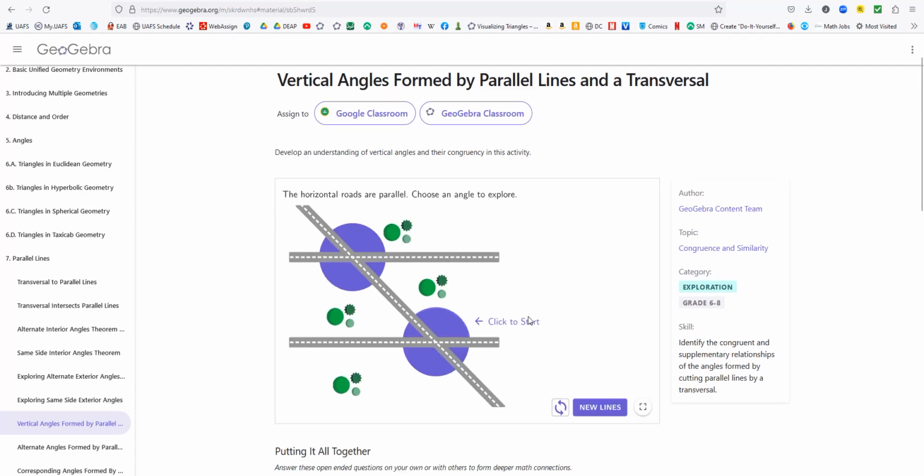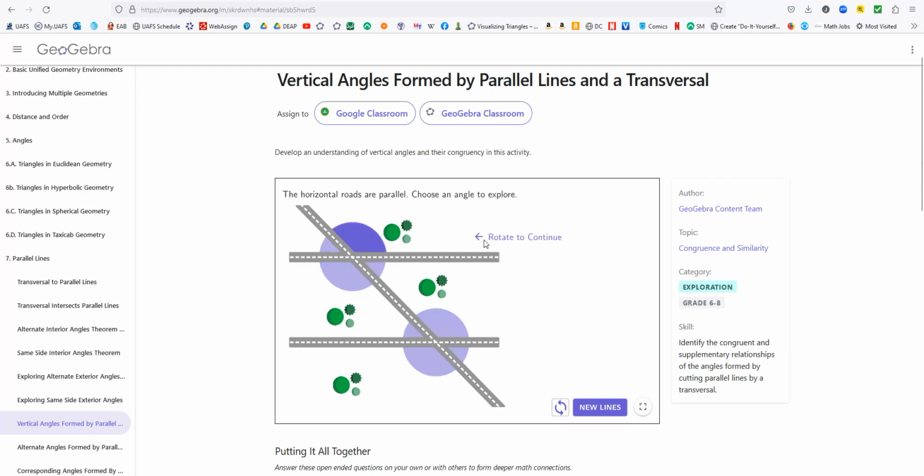Let's see, what do we have here? Here's one showing some angles to look at. There's your vertical angle pair. This one here, we can rotate it around. Those are the vertical angles.